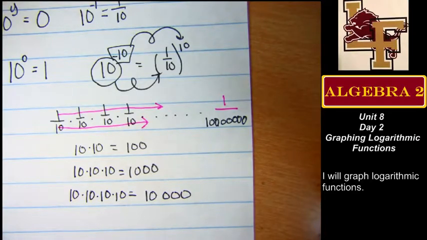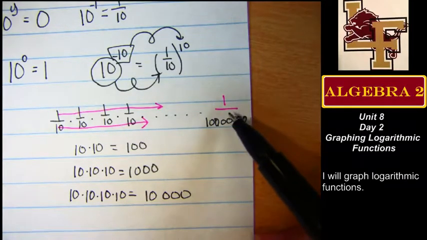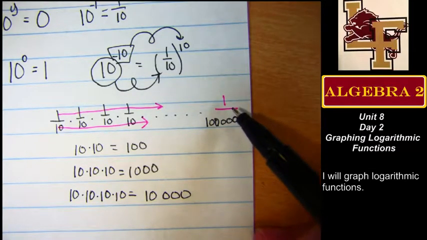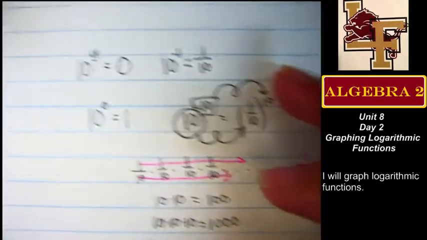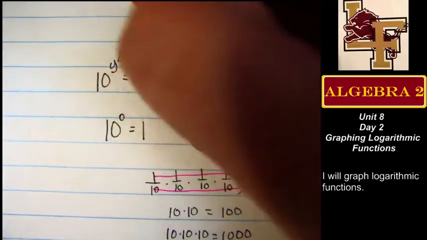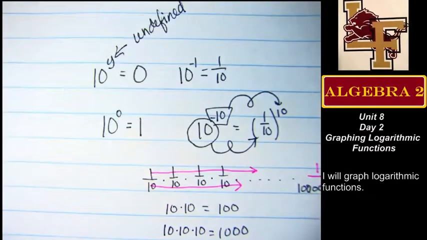There's one piece out of all of these others. Can I multiply 10 to itself down here in such a way that this thing actually becomes 0? There isn't a number that I can write that makes that happen.